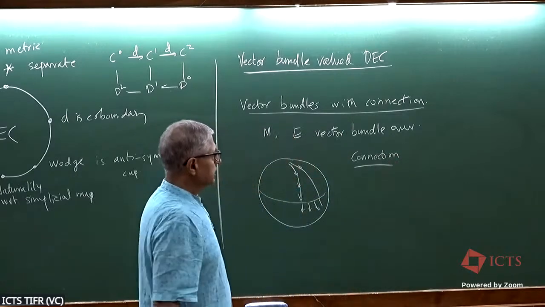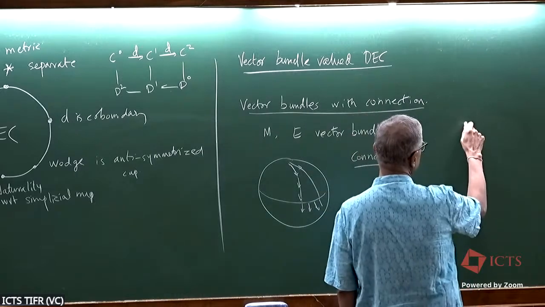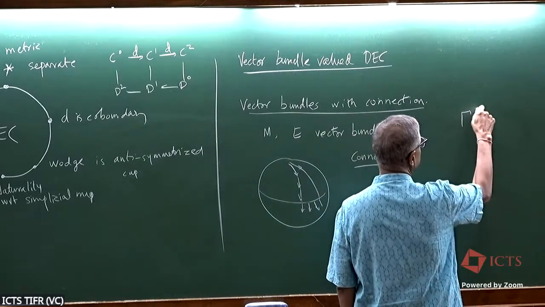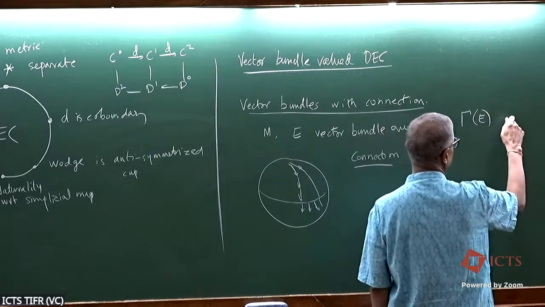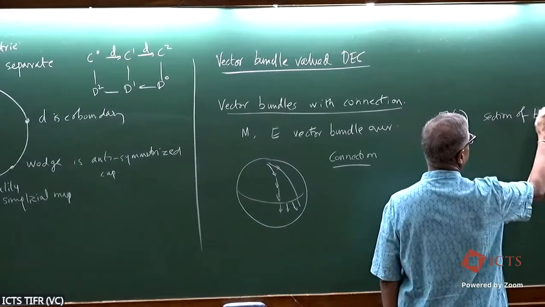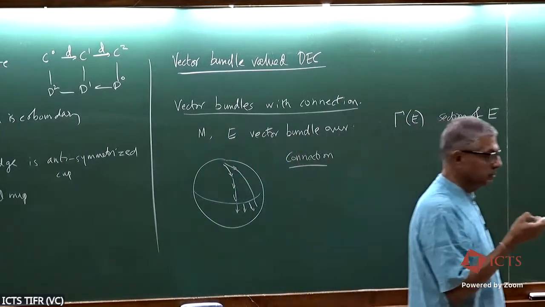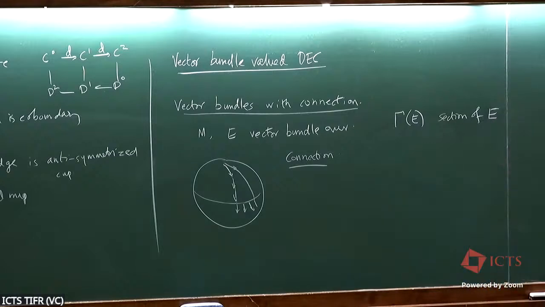So a connection is a linear map. So let's say, first, let me just write some notation. This notation gamma E is kind of standard for sections of a vector bundle. And just have in your mind the picture that you have these vector spaces everywhere, and a section just picks out a vector from every place. Like a vector field.